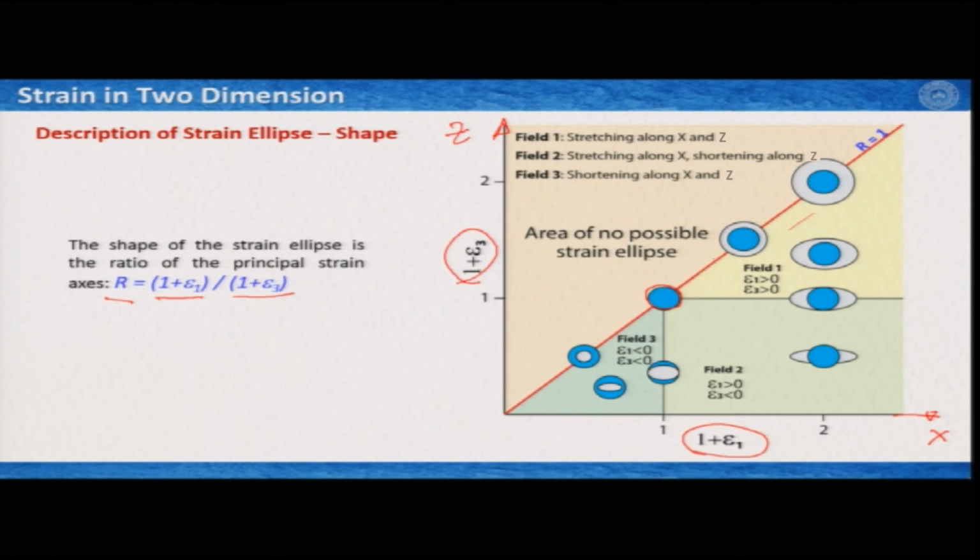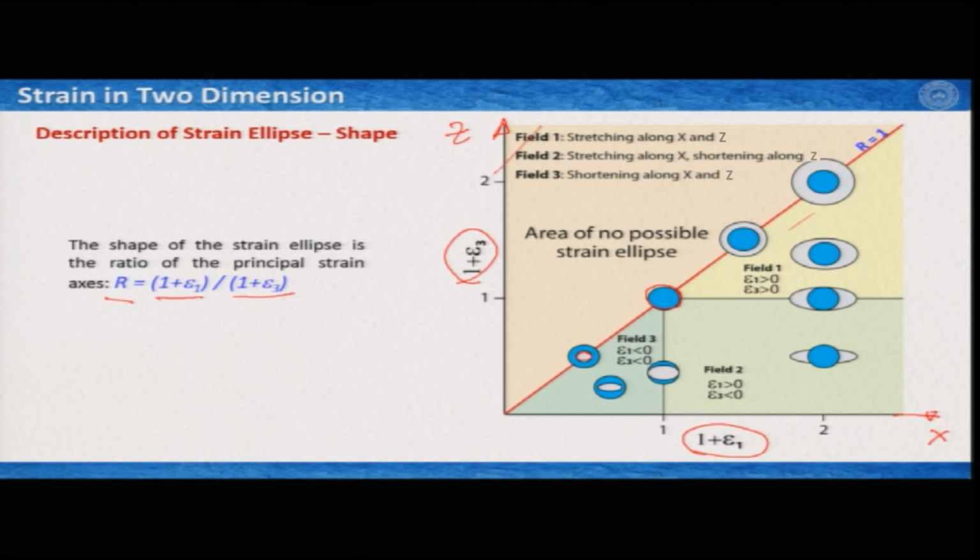But if we increase them along this line, both E1 and E3 would increase equally. So this originally blue circle would take the shape of a larger circle, but with positive volume strain. If we come towards the downside, where E1 and E3 have values less than 1, then it would shrink to produce a smaller circle.